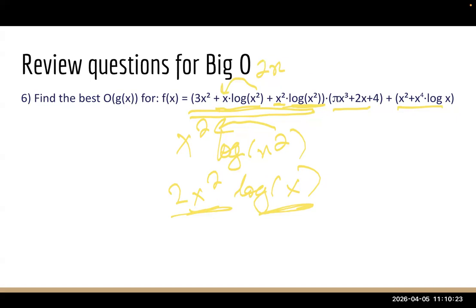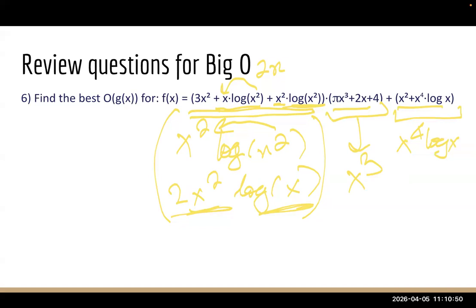So this has the highest x component. That's why for this particular equation, our O(x) will be x squared log x. Now moving on to this part, using similar logic, O(n) will be x cubed, and for this part, it will be x to the power 4 log x.